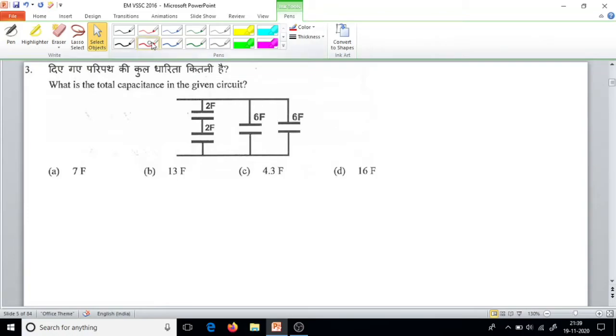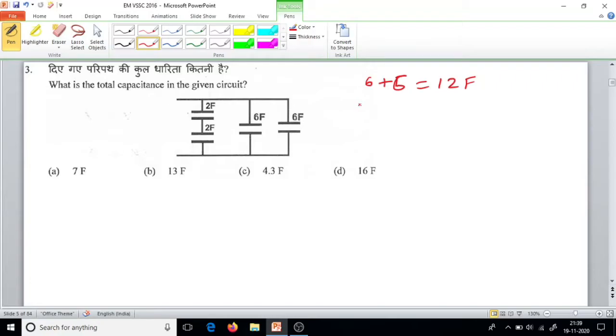Question number 3. What is the total capacitance in the given circuit? If we look at these capacitors, the 6 farad and 6 farad capacitors are in parallel. So we will get a total of 12 farads. It's just opposite to the resistors. Now two 2 farad capacitors are connected in series.